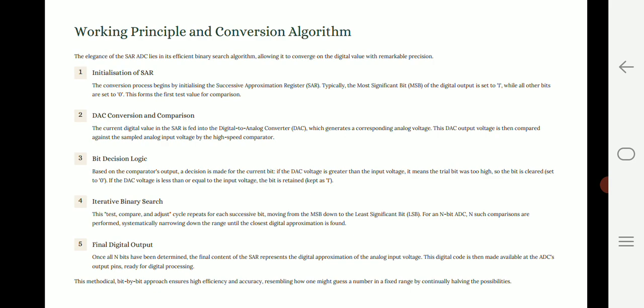And coming to the DAC conversion and comparison, the digital value of the SAR is fed into the DAC, which generates the corresponding analog voltage. The DAC output voltage is compared against the S/H input voltage in a high speed comparator.